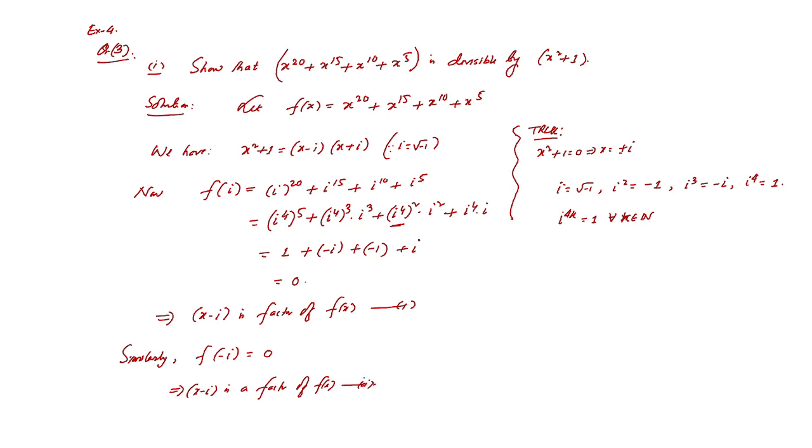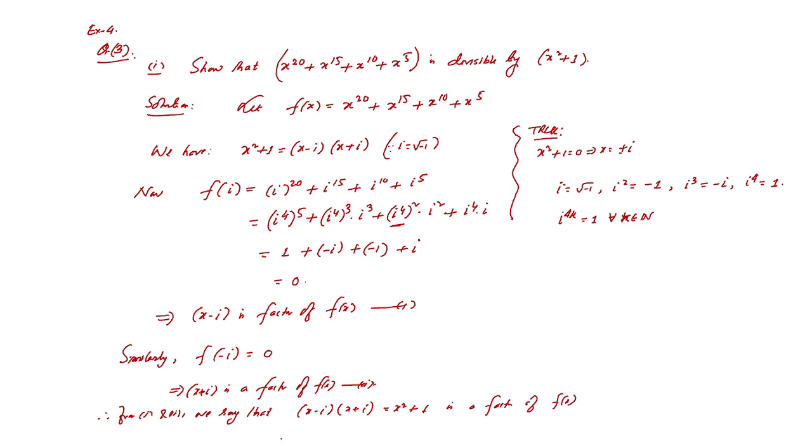Since x minus i and x plus i are factors of f(x), so from 1 and 2 we say that (x minus i) into (x plus i), that means x square plus 1, is a factor of f(x).